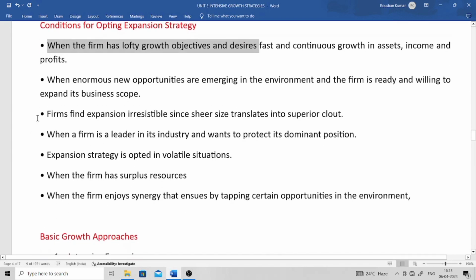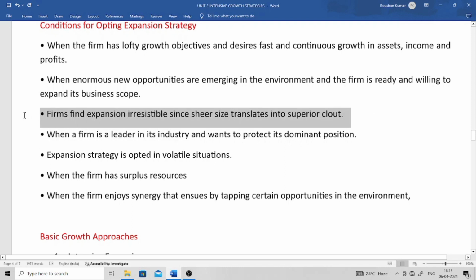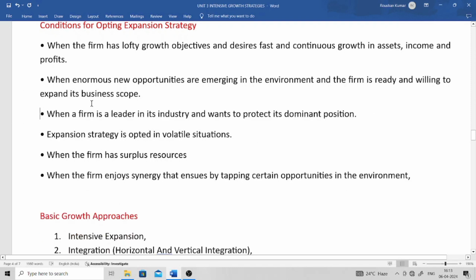Then firms find expansion irresistible since size translates into superior position. I think this one I should remove here. Yes, when a firm is a leader in its industry and wants to protect its dominant position, then there is a need for expansion strategy, or you can say we should use expansion strategy. Then next, in a volatile situation we should also use expansion strategy.